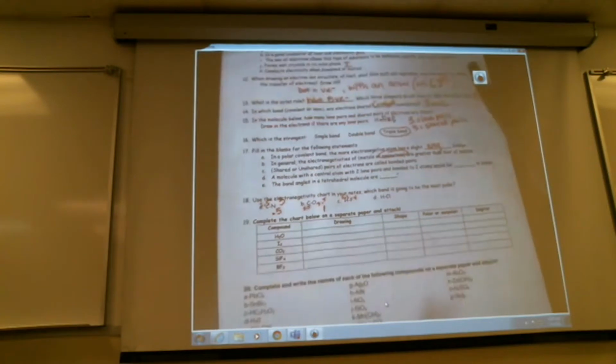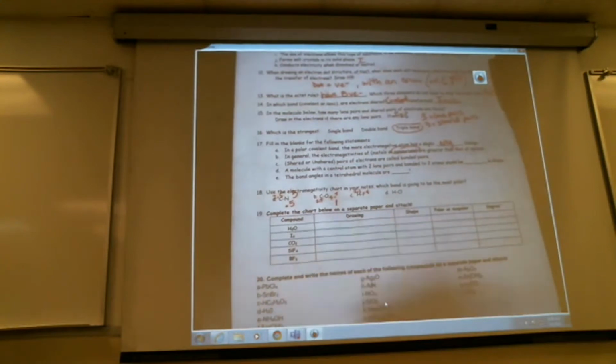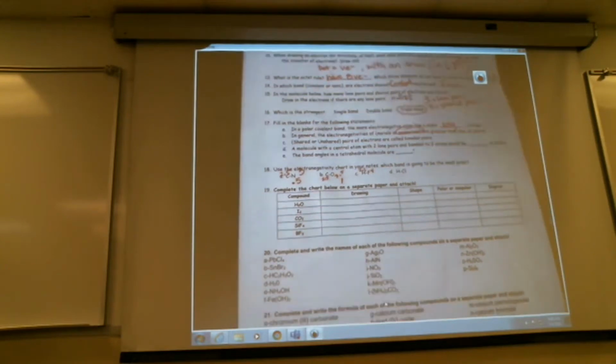So let's do a couple just to make sure. We got PbCl4. Pb is lead. Cl4 is going to be chlorine. As a quick reminder, if it's an ionic bond, you must crisscross. I don't care if you have to crisscross down or if you have to crisscross up. This is when we're going to have to crisscross up.